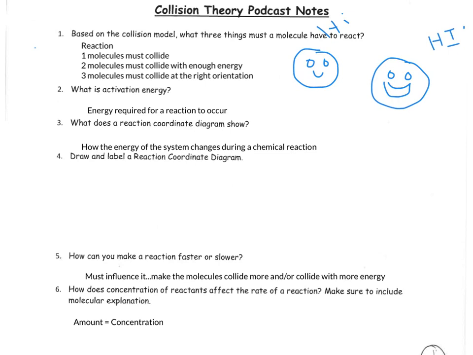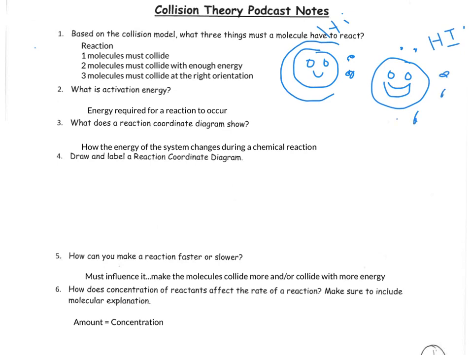Okay, so Clyde and Ida here are going to demonstrate collision theory. These are molecules, and molecules have little electrons around them. Sometimes part of the molecule you can't bond with. It doesn't have an activation site or a bonding site. Clyde here only has this small little area right here to bond with.